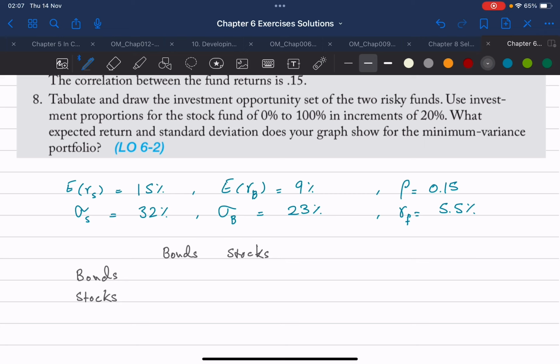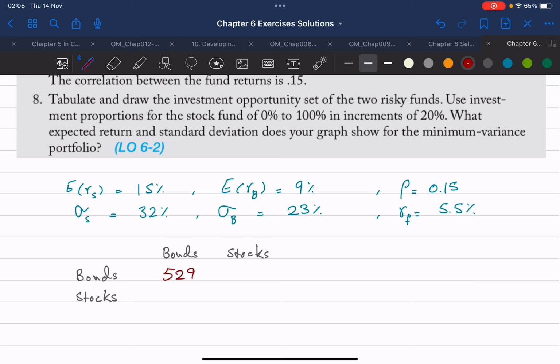For these places here, we're just going to square the standard deviation for the corresponding assets. For the bonds, we have a standard deviation of 23%, so we'll go to our calculator: 23 to the power of 2 gives us 529.